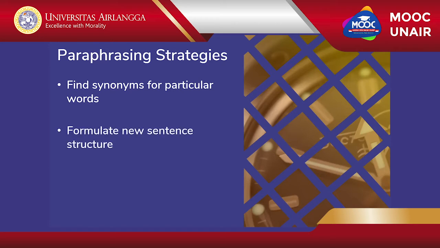Second, you should formulate your sentence structure so it will be different from the source. For instance, if the source explains the idea by specifying point A, B, and then C, try to change it up to C, A, then B, or try other orders.